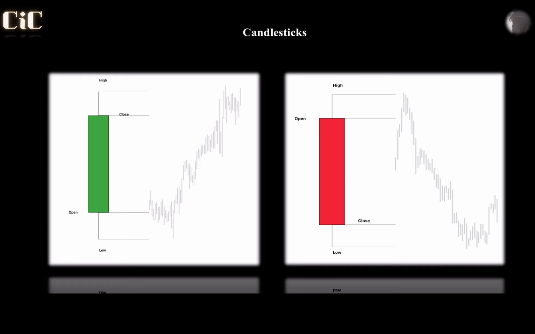To begin with, candlesticks. Now, candlesticks are nothing more than a visualization of the buy or sell orders in the market at any given chart, at any given moment.